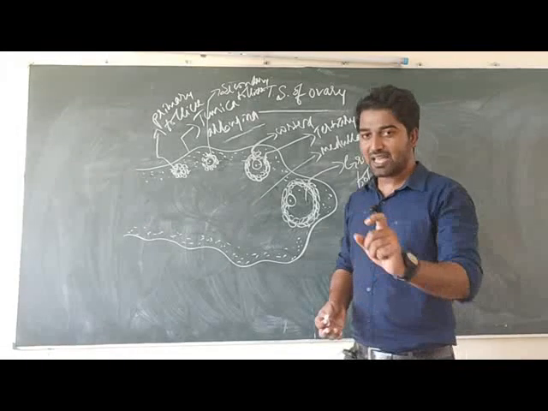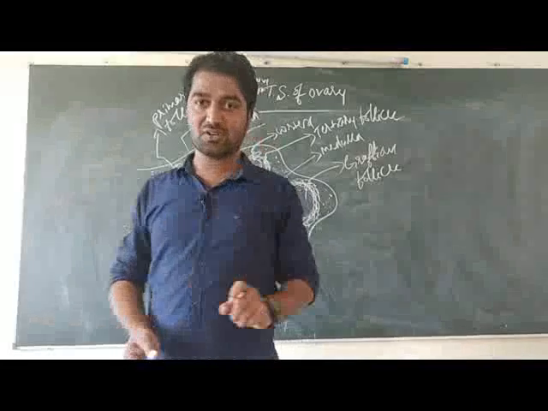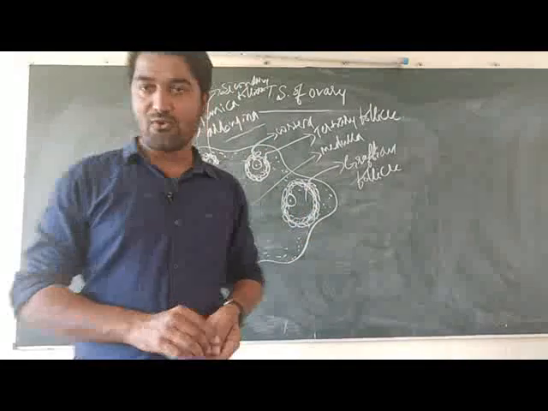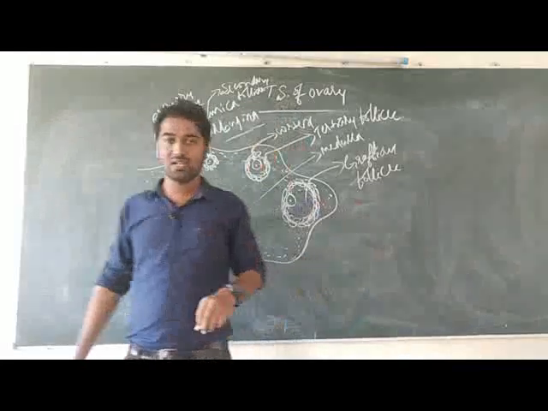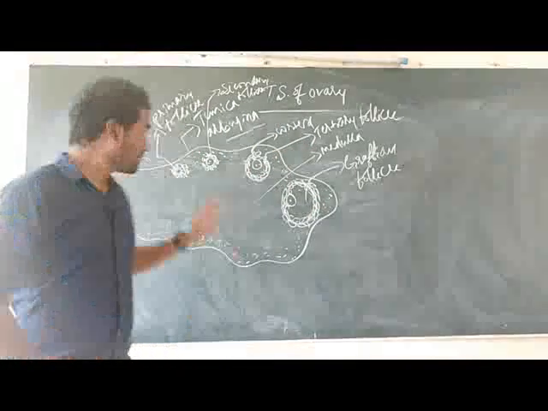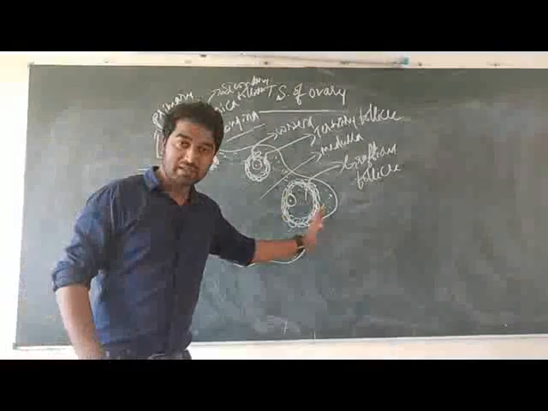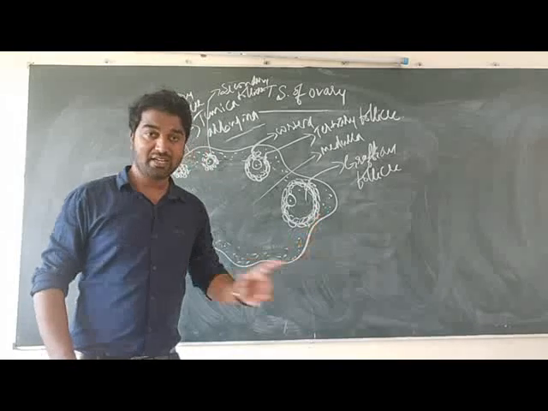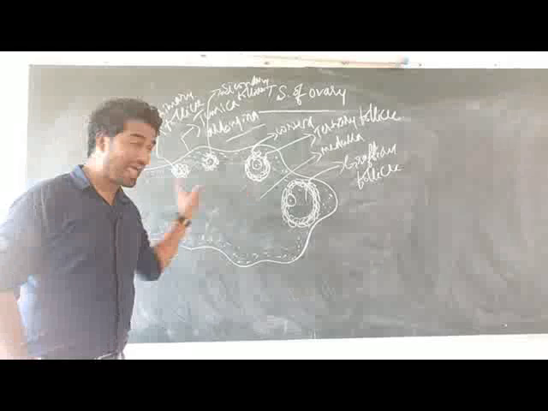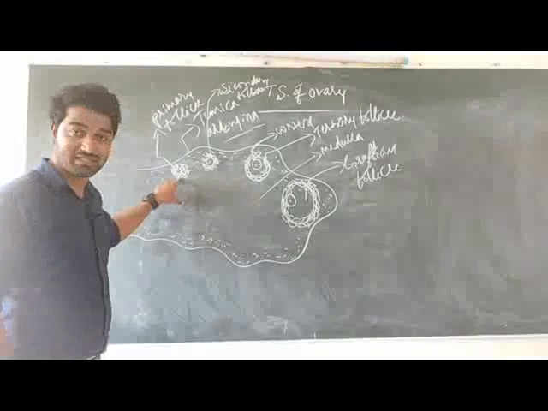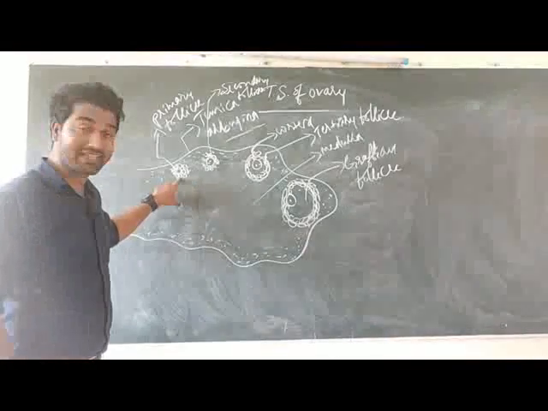Now I will take a detailed structure of this Graafian follicle. Actually, what is Graafian follicle? What is the difference between primary follicle and this matured Graafian follicle? Dear students, just observe these two diagrams. Here no distinct cell, that means here no secondary oocyte.